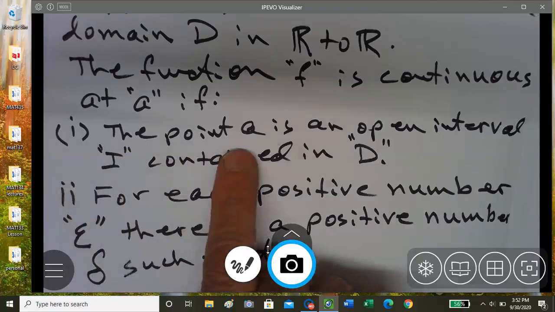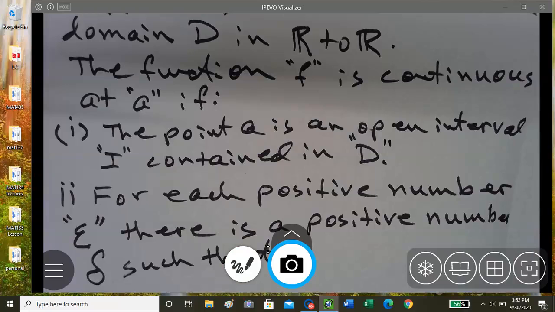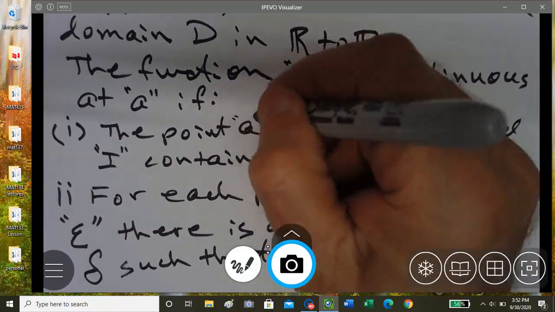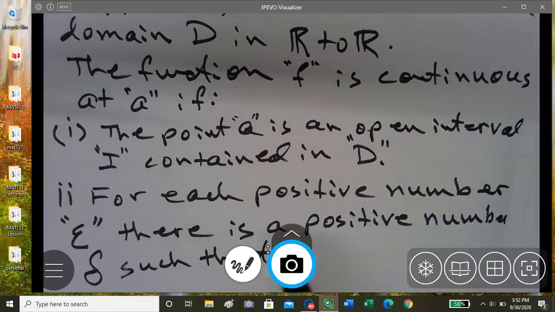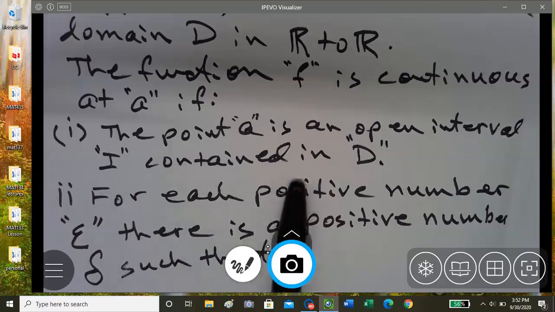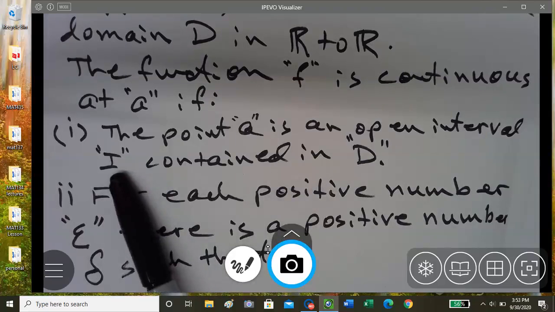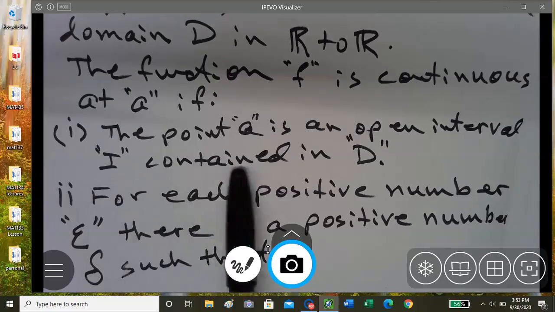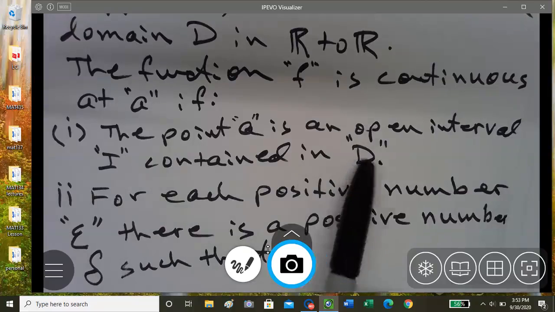The point A is in an open interval, we'll call that interval I, contained in domain D.